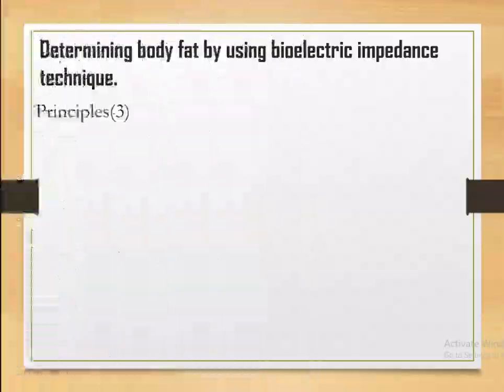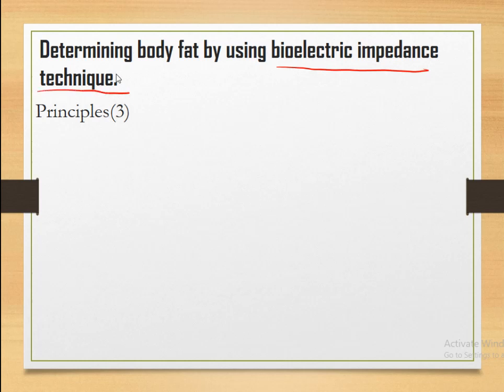All right, so let's look at determining body fats by using the bioelectrical impedance technique. This is just a technique that is used. For fluids, we have measured water, we can use dye.